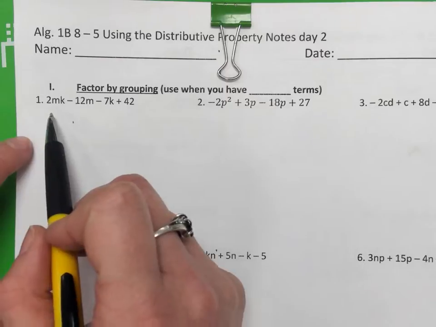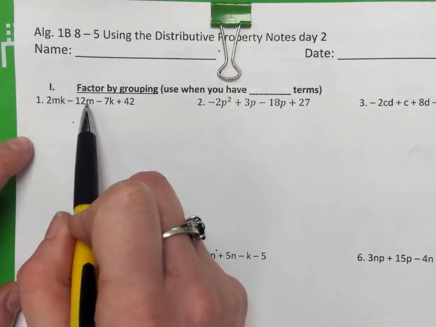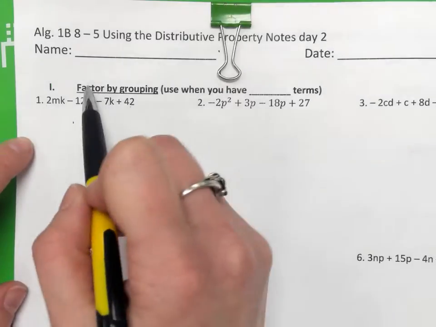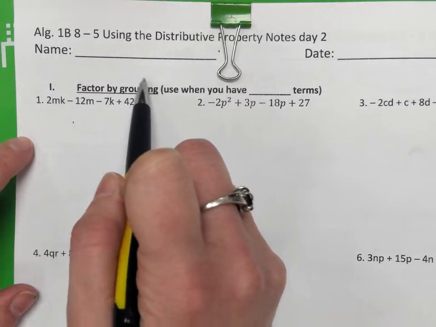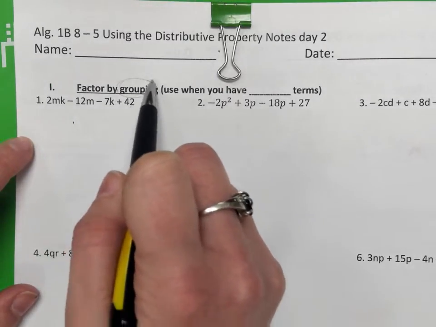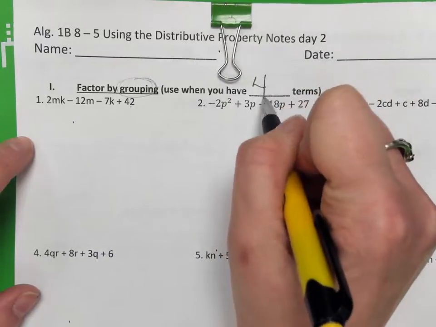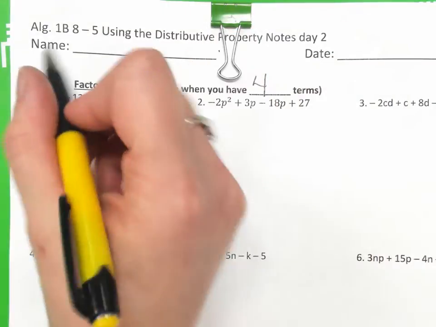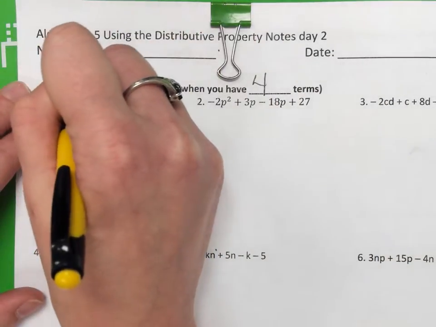How is this different? How many terms do we have today? We have 4, okay? So how do we factor this time? What do we call it? Grouping, when we have 4 terms, okay? So if there's 2 or 3, what do we use?